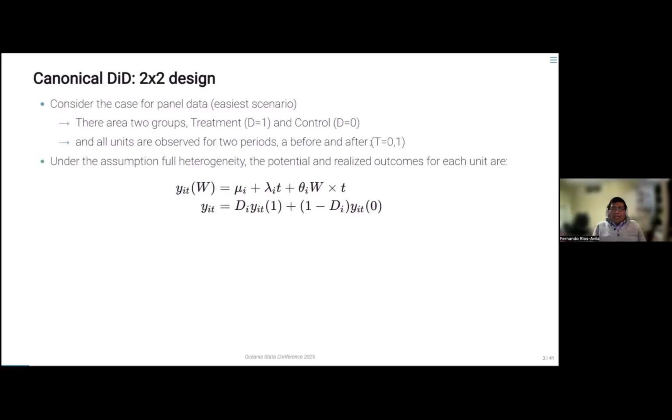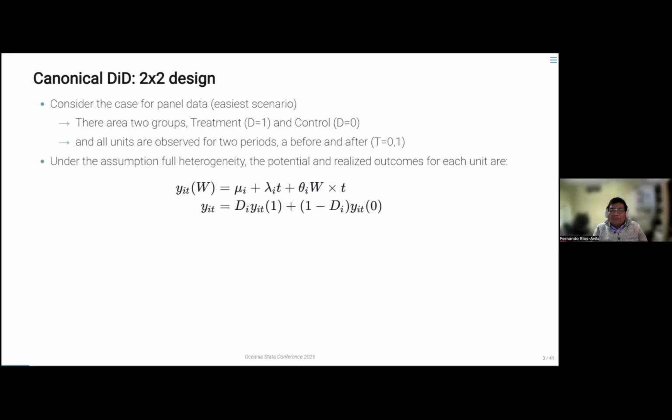Now, the canonical DID design, just to remember how it works, follows more or less like this. We're going to assume that there are two groups, one treated and the other a control, and that these two groups are observed over two periods: pre-treatment, T equal to 0, and post-treatment, T equal to 1.